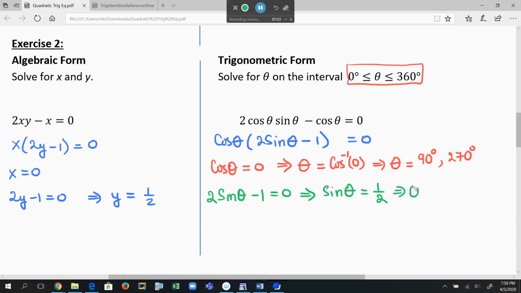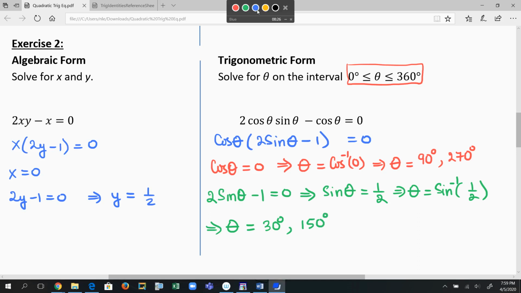Theta will be inverse sine of 1/2. We find the angles whose sine gives us one half, which are 30 degrees and 150 degrees.